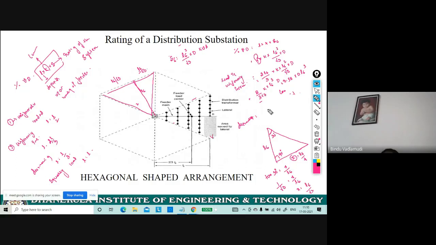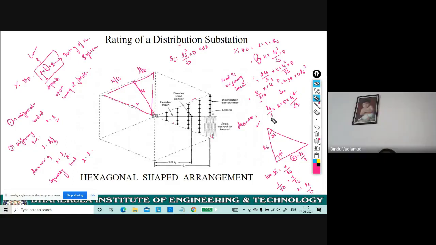We have to substitute L6 by 3 into K into D into L6 square by root 3. This will give you the uniformly decreasing load. If the feeder is uniformly loaded, then what is the value of L? Can I write L is equal to L6 by 2?